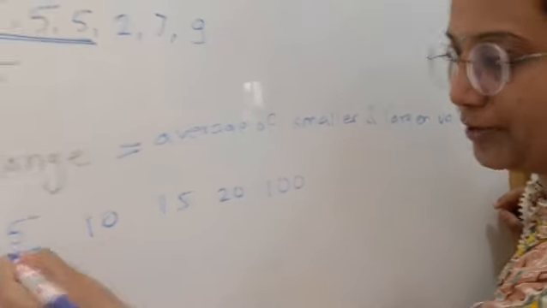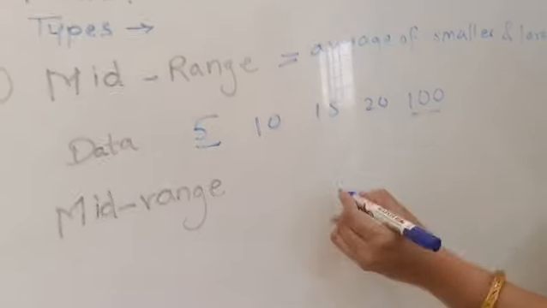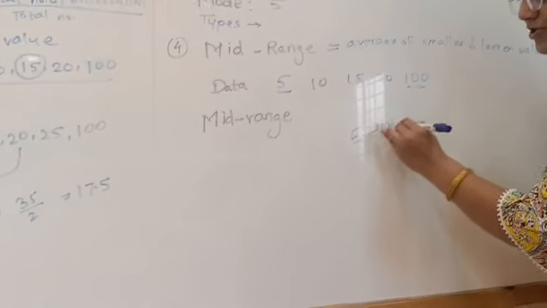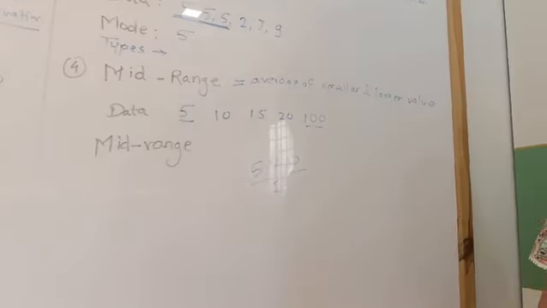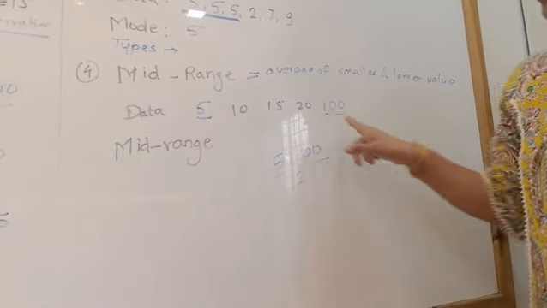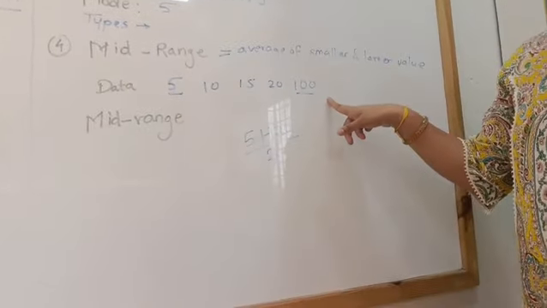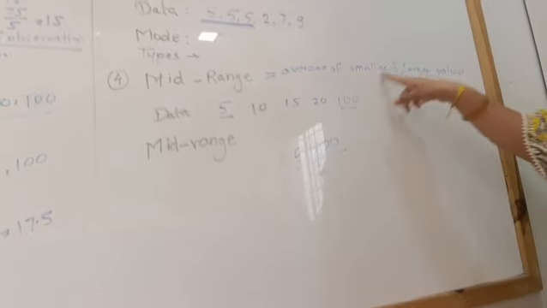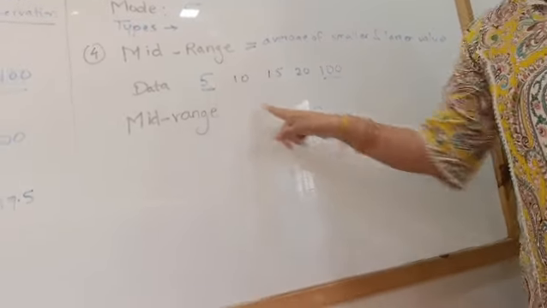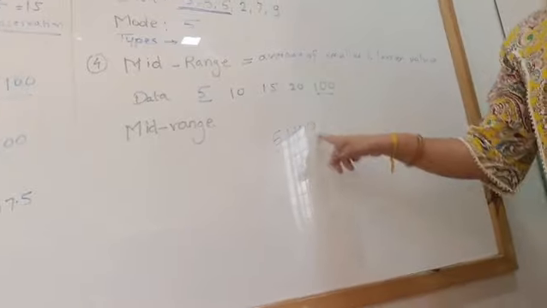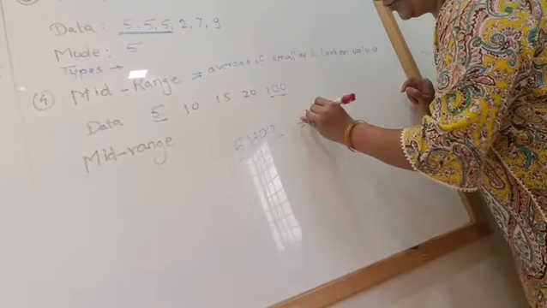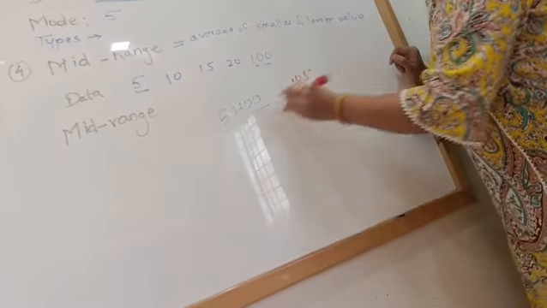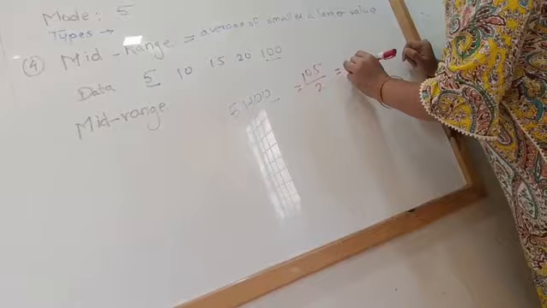So the smaller value is 5, the larger value is 100. I will perform the addition first and then take the average. Mid-range is the average of the smaller plus larger values. So I will perform the sum 5 plus 100, that is 105, and divide by 2. So it is 52.5.